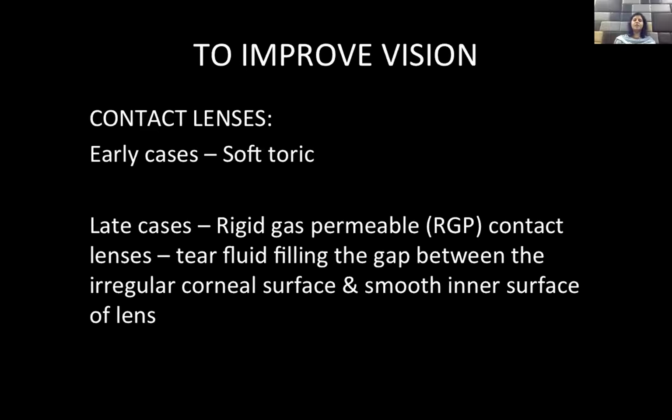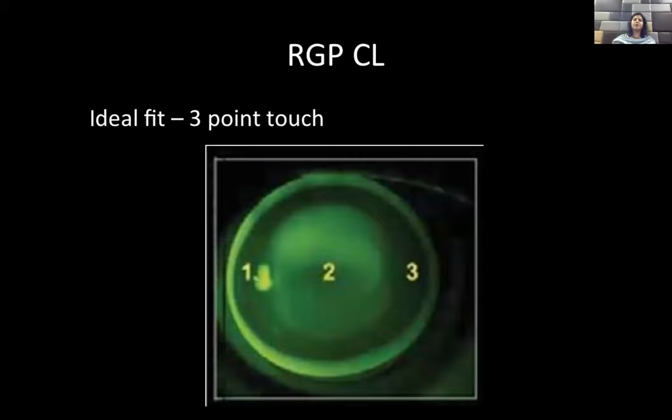So what these basically do is the posterior surface of the contact lens is in contact with the cornea, and the tear fluid fills the gap. So essentially, you now have a new refracting surface, that is the anterior surface of the contact lens is the new refracting surface, and thus we have a very regular refracting surface which can actually improve the vision of the patient.